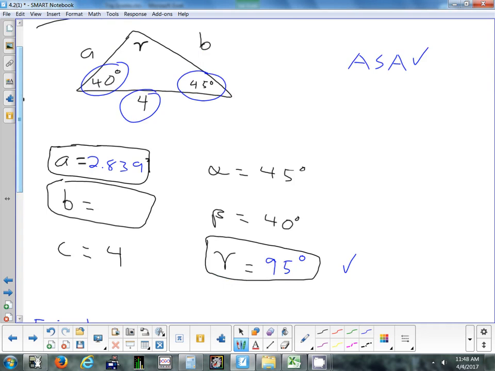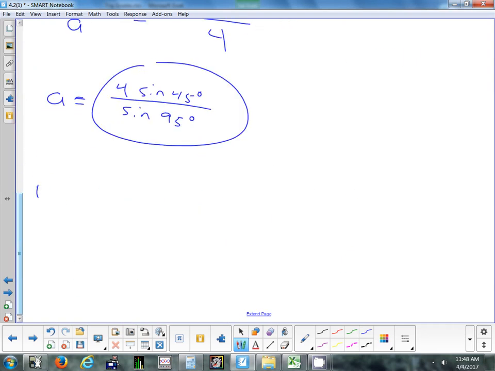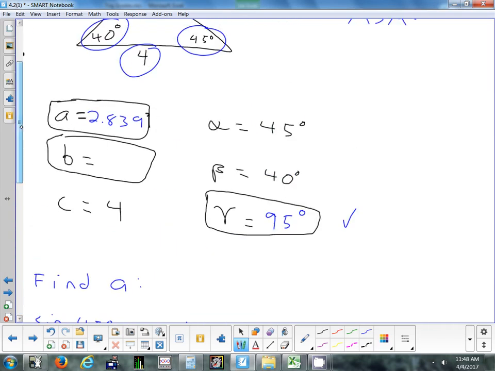All right, so last step, we need to find B. Okay, how about Devin? What row am I going to use to find B? I'm going to use 2 rows, but what's one row that I'm going to use?